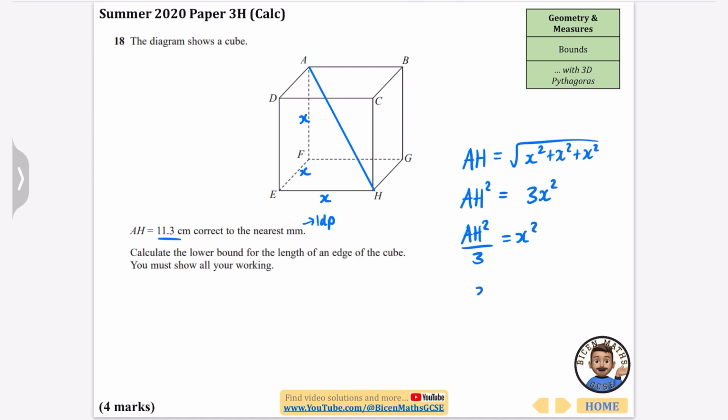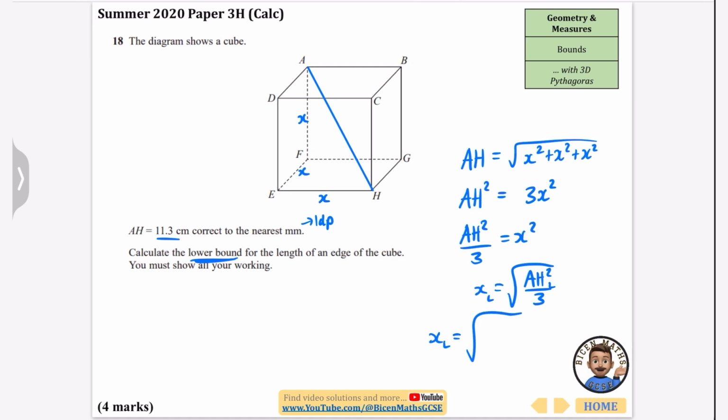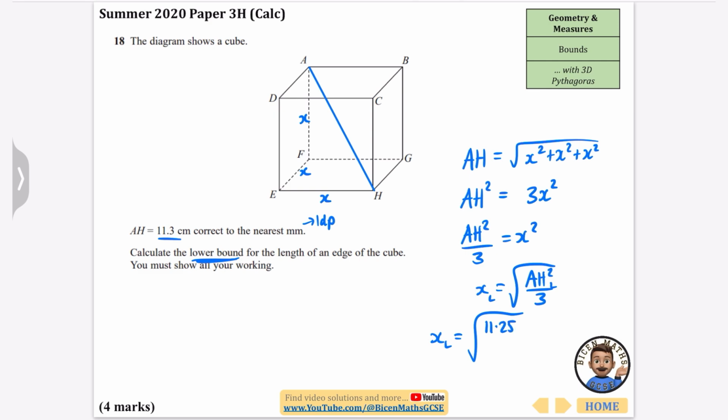Then when I make x the subject, it is the square root of AH squared divided by 3. And I want to find the lower bound of this. So if I'm looking for the lower bound of x, I'm going to use the lower bound of AH. So the lower bound of x is going to be the lower bound of 11.3, which is 11.25, squared and then divided by 3.